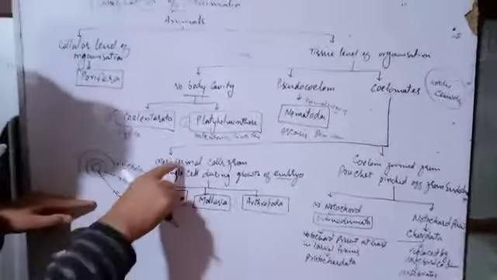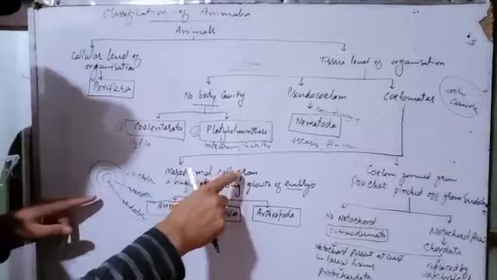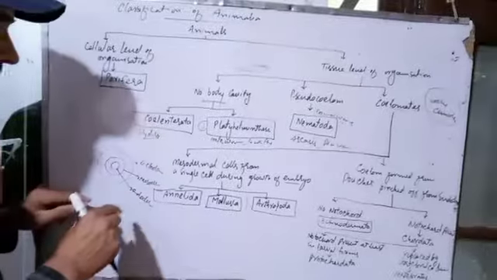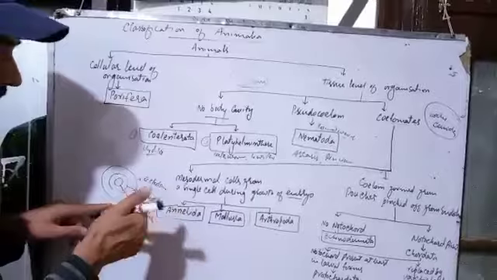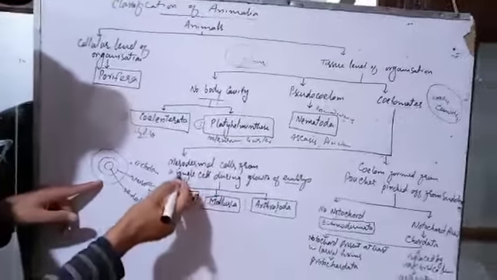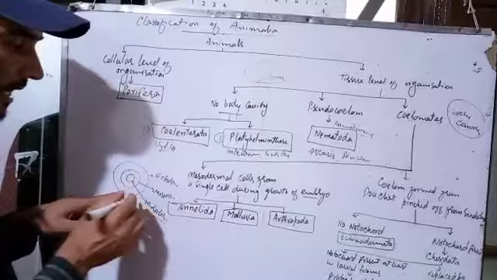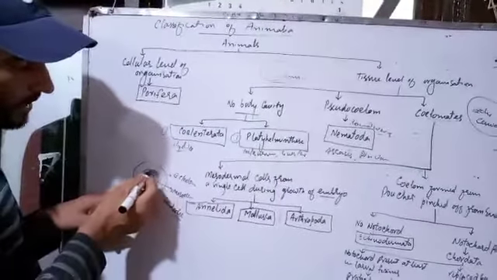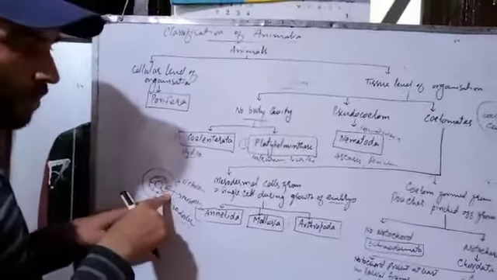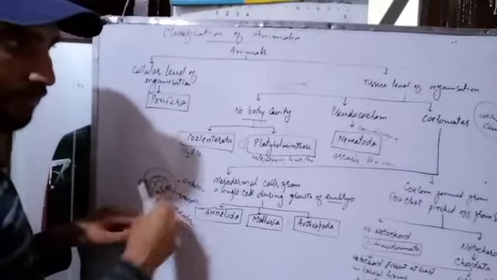In this level of classification, mesodermal cells form from a single cell during growth of the embryo. That means the mesodermal cells are formed from a single cell during the growth of the embryo, when the embryo grows.